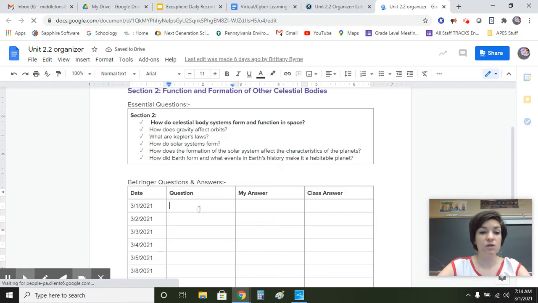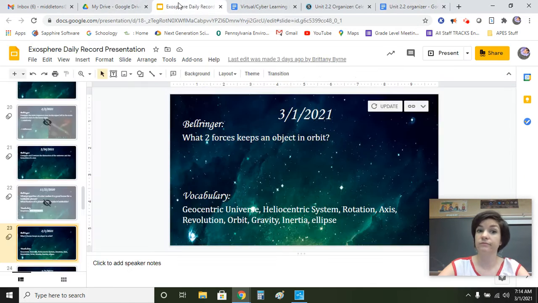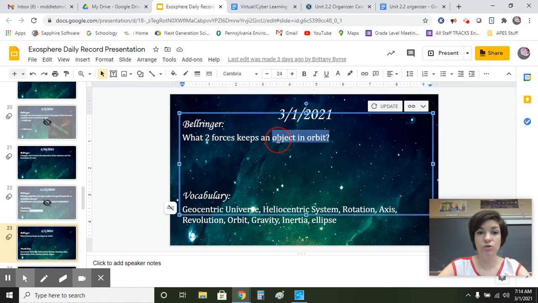And today's question is right here. What two forces keep an object in orbit? So go ahead, write that in. What two forces keep an object in orbit? And I feel like you guys learned this in maybe 7th grade or 8th grade.